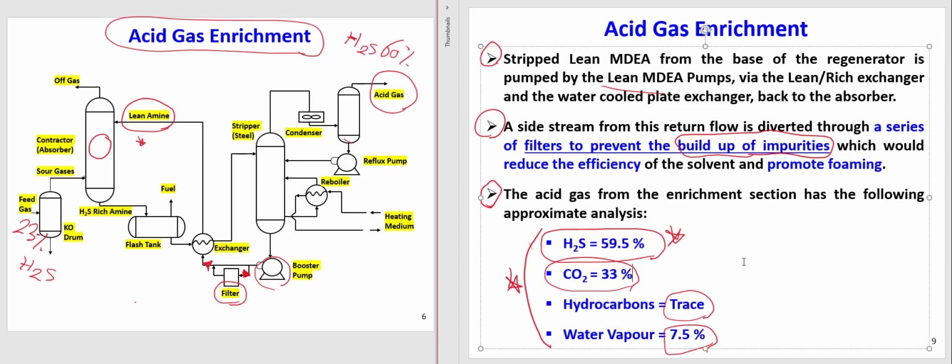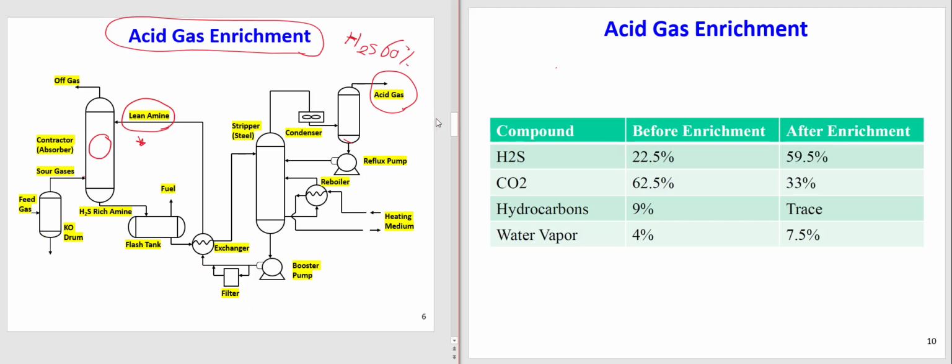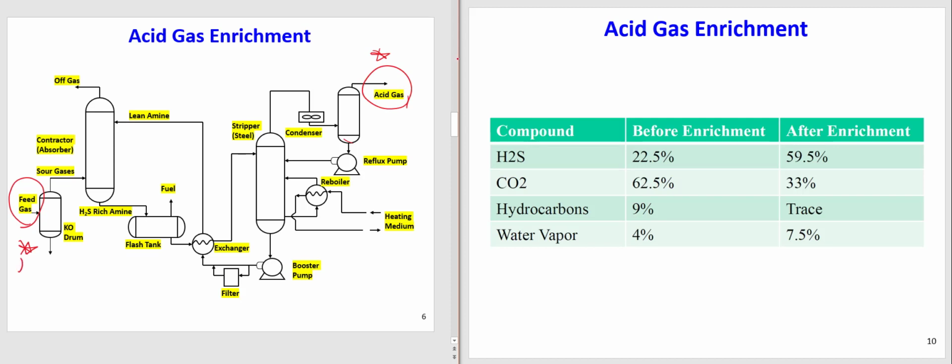And in this slide we just compare what will happen before the acid gas enrichment unit and after it. I'm talking about this part. Before acid gas enrichment is here, after is here.